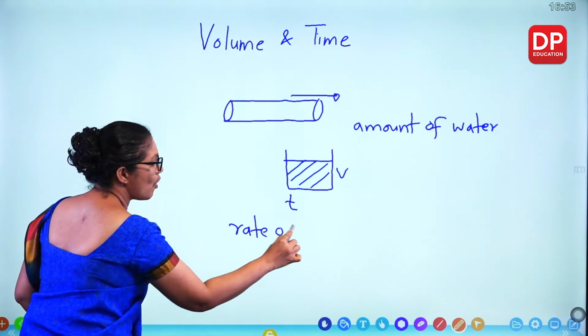So when you simplify, you get 0.5 liters per second. Or if you want this in milliliters per second, you can multiply by 1000. You get 500 milliliters per second.